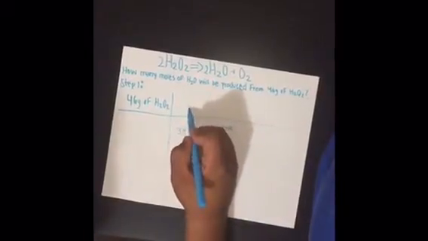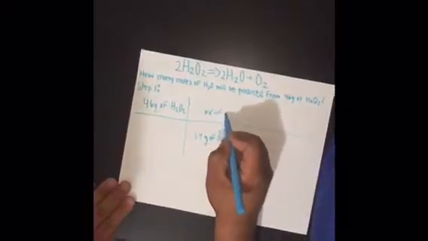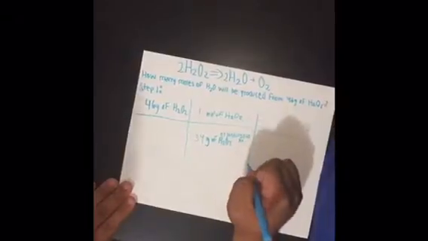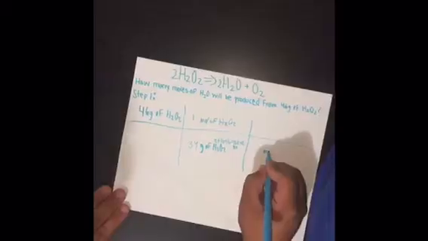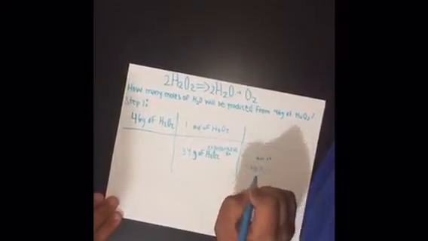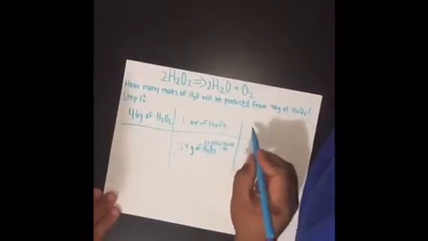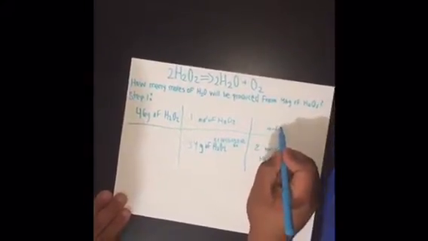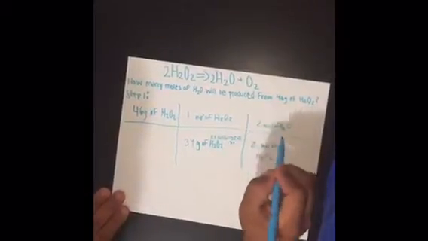Then mole of H2O2 is 1, and then you put mole of H2O2 right here, so basically it's 2, and then mole of H2O is 2.